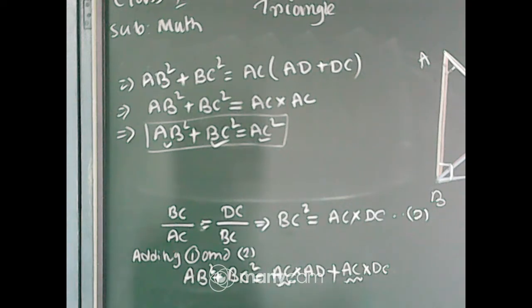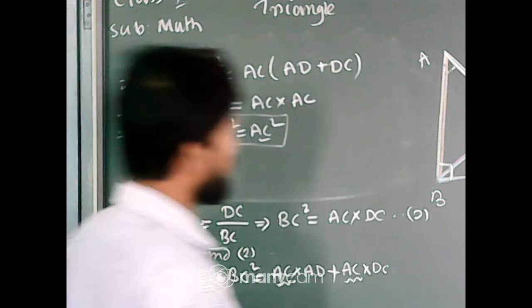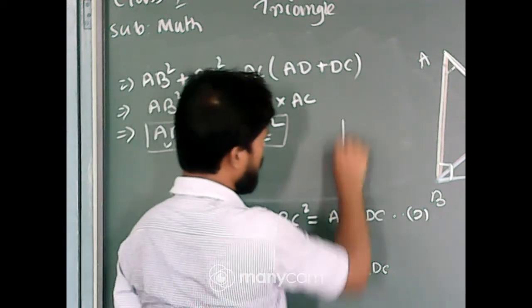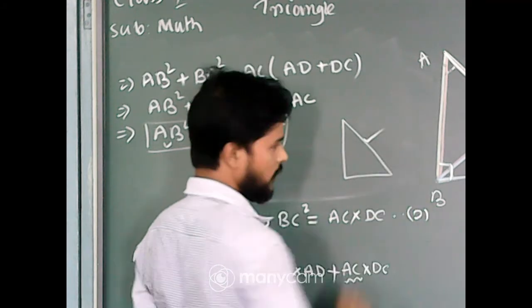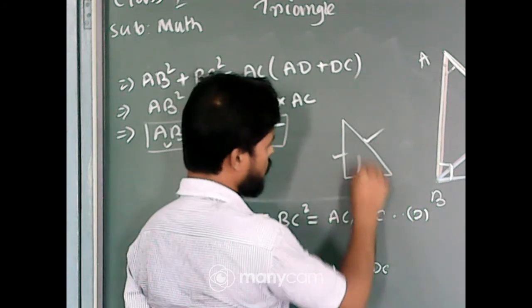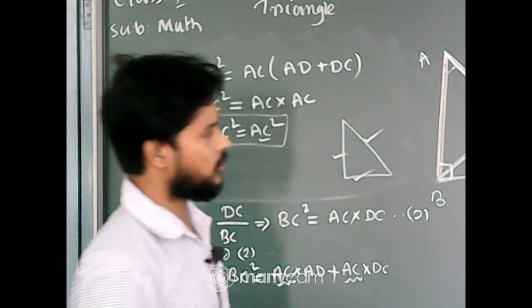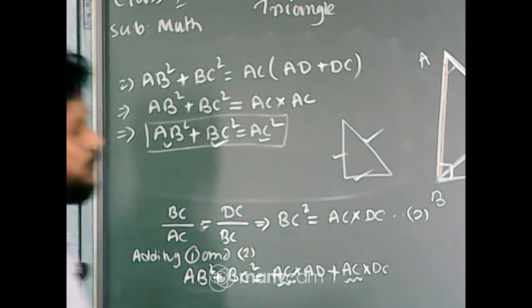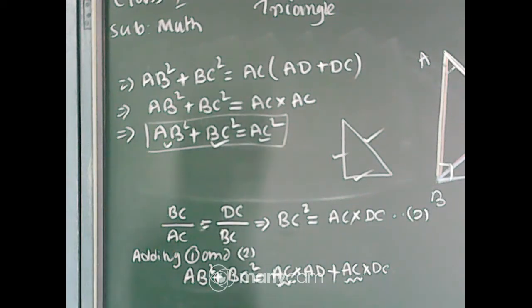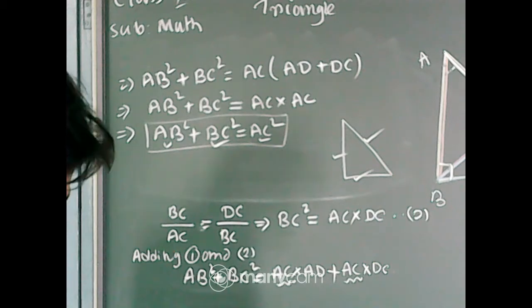The converse of the Pythagoras theorem says that if in any triangle the square of one side is equal to the sum of the squares of the other two sides, then the triangle must be a right angle triangle. The proof is not in your syllabus, so we will not do it.